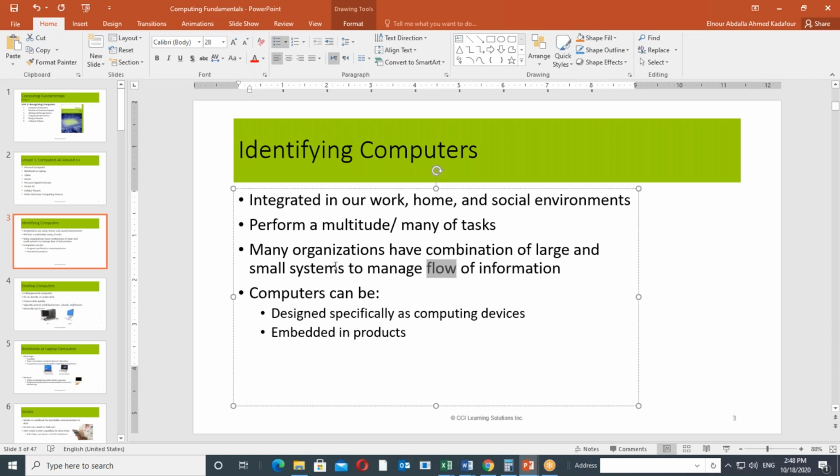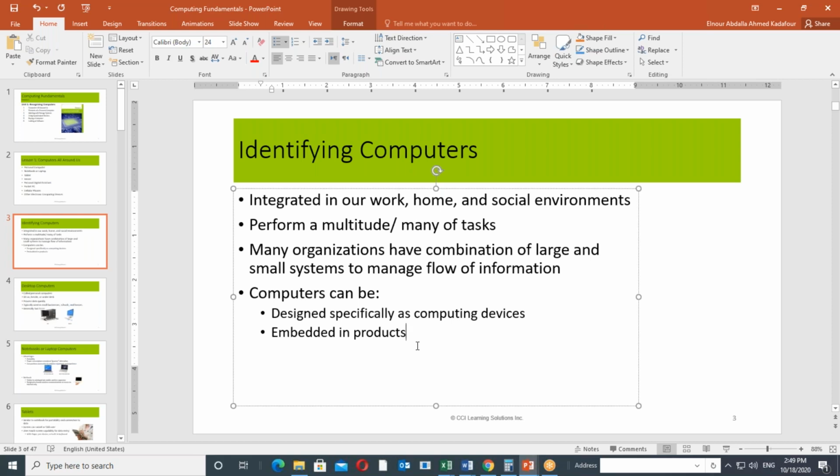Computers can be designed especially as a computing device. Like what? Like my PC, like a laptop, like my mobile. But embedded in products, that means the computer was not intended by itself, but used to complete a task.